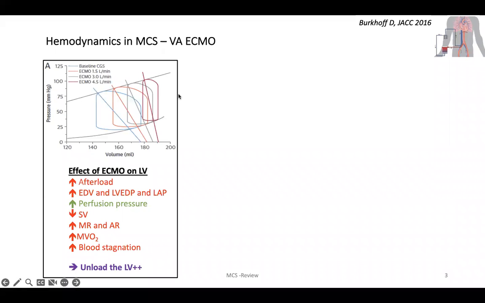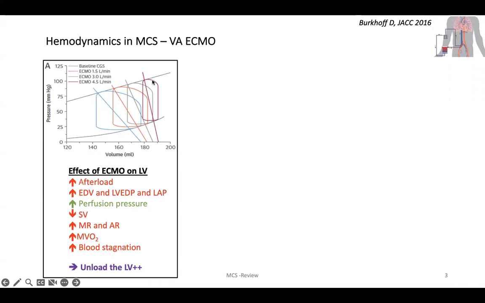The idea is to understand what happens to the left ventricle when you put someone on a VA ECMO. It's a peripheral cannulation: the blood comes from the right atrium and goes back usually in the femoral artery. And it's really important to understand the effect of this.